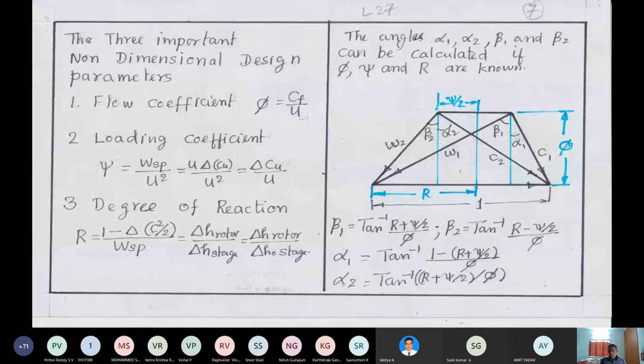Then immediately, from these values you can get the blade angles, where these things will be satisfied.